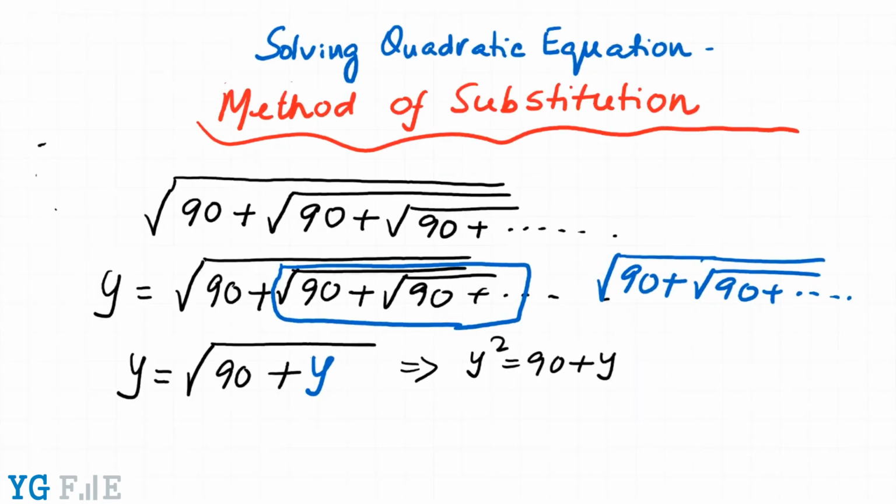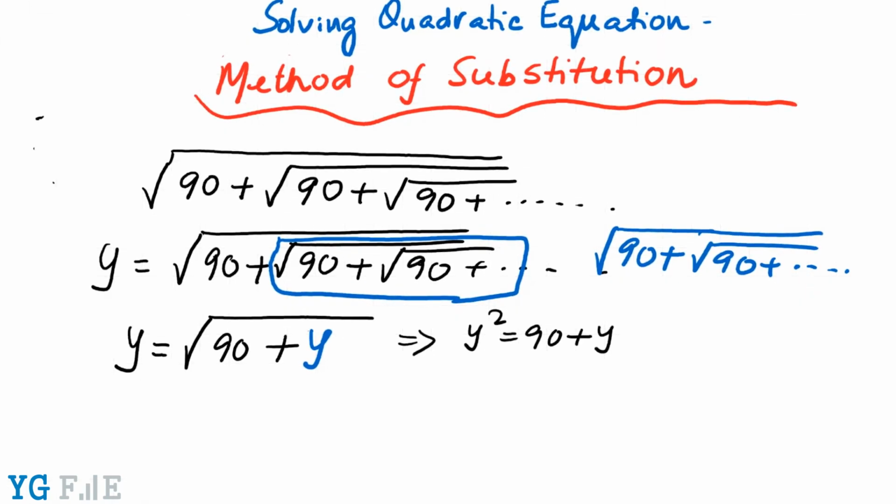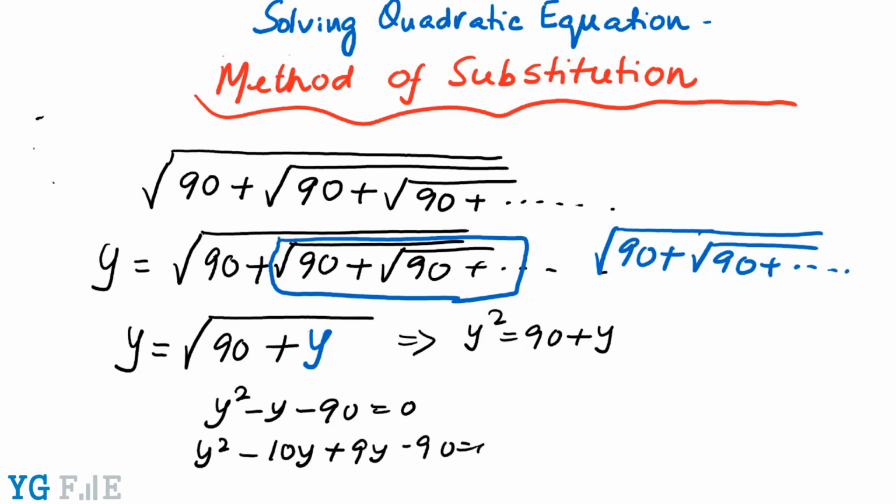And now we can use our standard quadratic equation format where y square minus y minus 90 equal to 0, and we can see that the factors are 10 and 9. So let us put that here: y square minus 10y plus 9y minus 90 equal to 0, and when we factorize this one, we get y minus 10 into y plus 9 equal to 0.